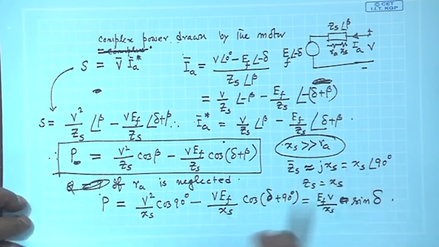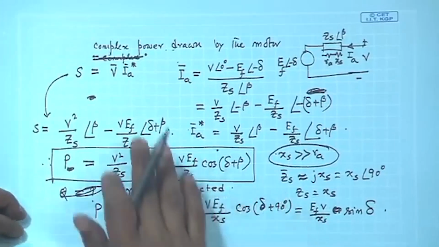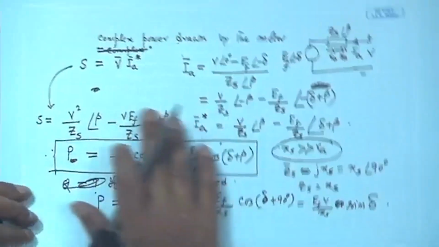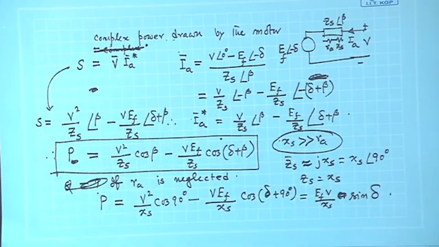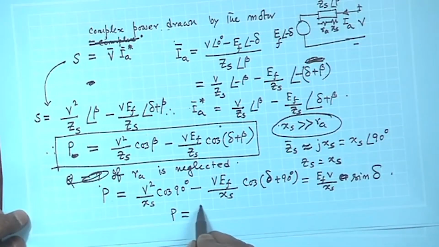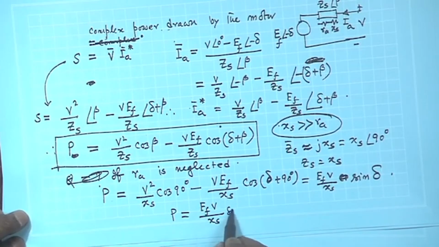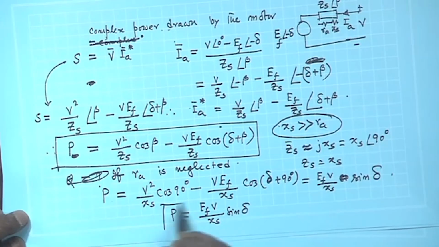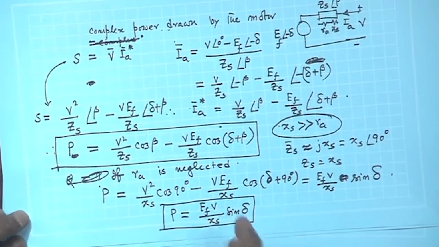To conclude, a lot of problems you can solve by this method, whether R A is given or not, whether R A can be neglected or not. The expression of the real power, which is most important, E f V by X s sin delta, is the same for motor and generator mode.